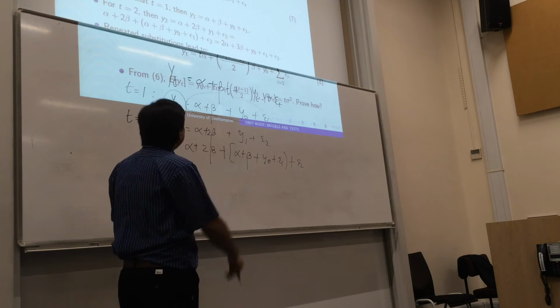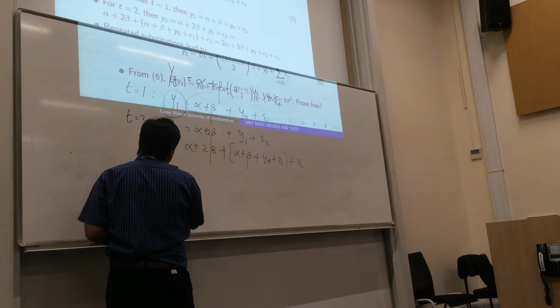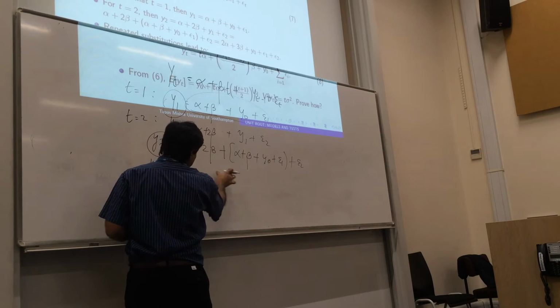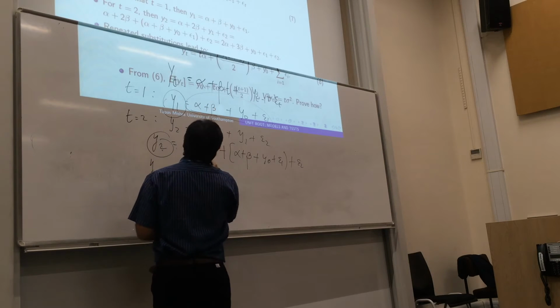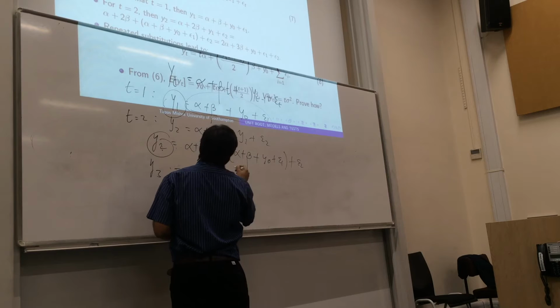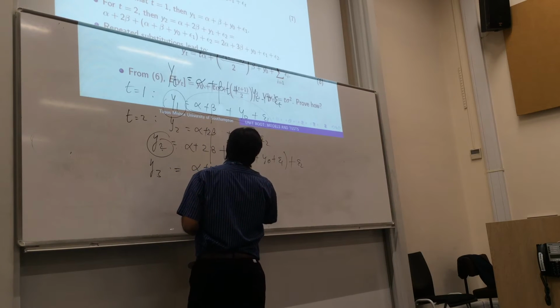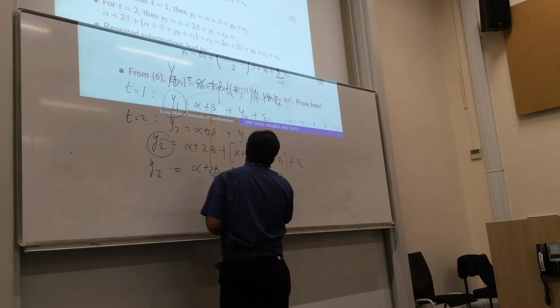Continue like that. Whatever value y2 has, you can express it. So how do I write y3? I can write y3 as alpha plus 3 beta plus y, t minus 1, meaning y2, plus epsilon 3.